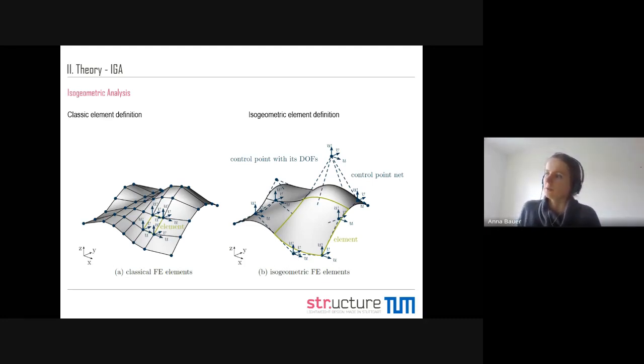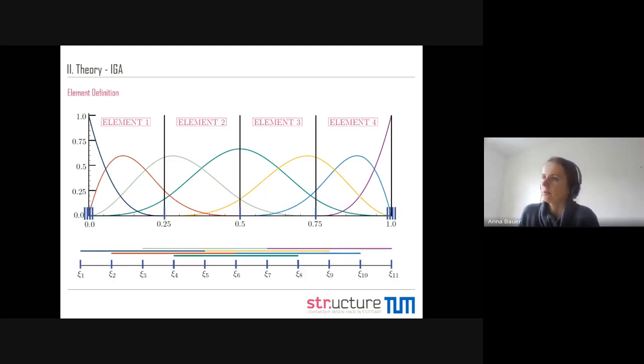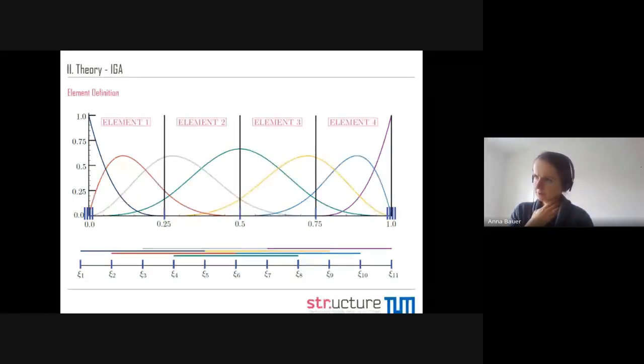So if we look back at our curve description in the parameter space, we have one element in between each non-zero knot span. And in that, there is always a constant number of control points which have influence on precisely that structural element.